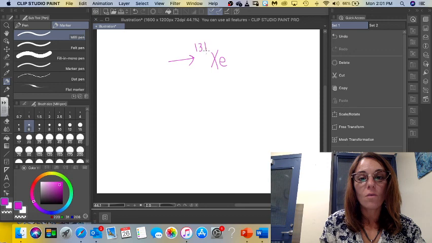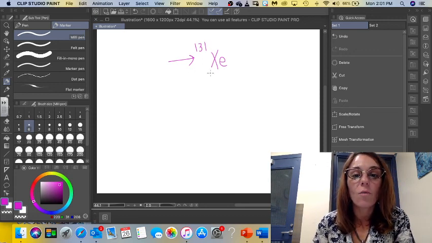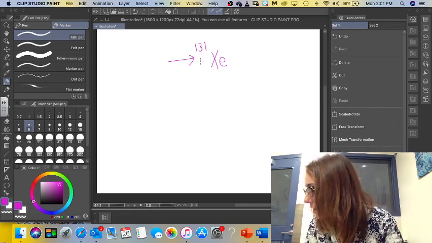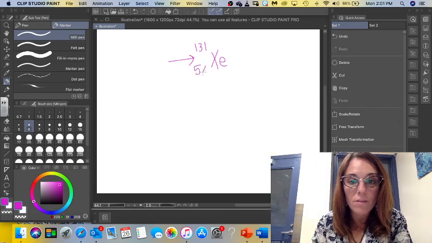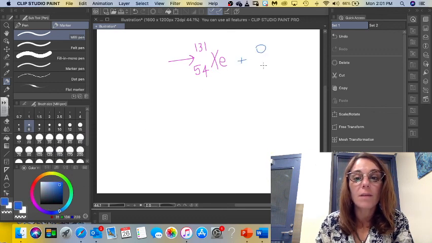So xenon-131, I need to go to my periodic table to figure out what my atomic number is, and xenon is 54. We are told that it is a beta decay, and because it's a decay, that means the beta particle will be a product.